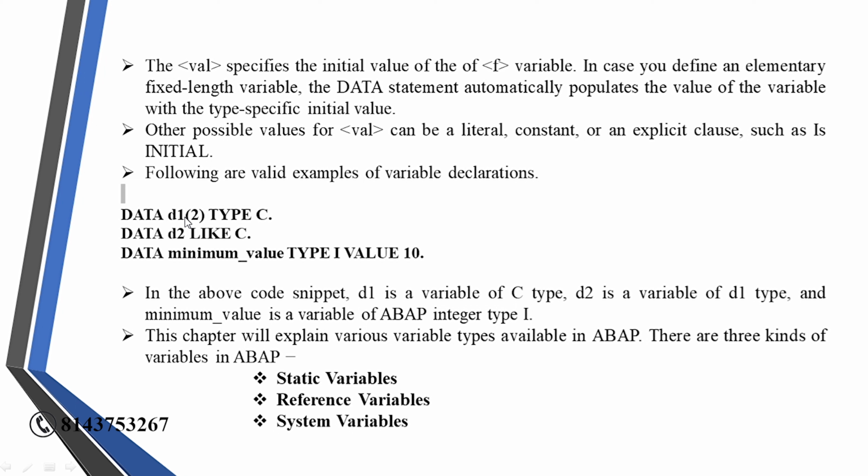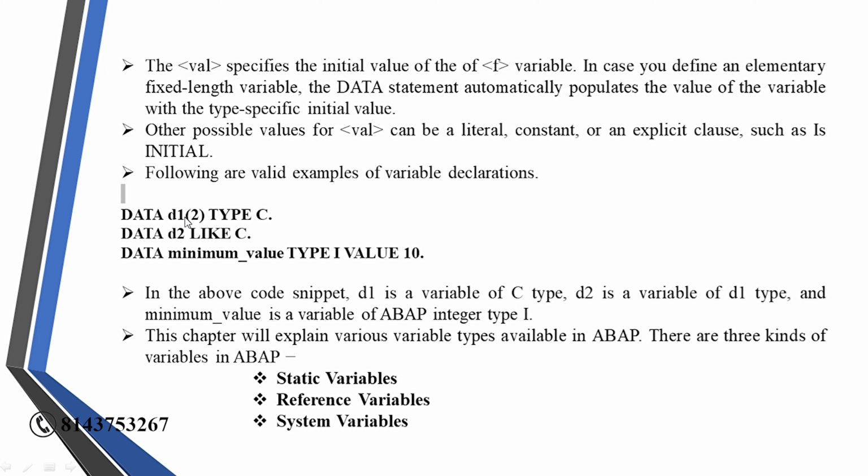TYPE is used to define a variable using an existing data type, but LIKE is used to define a variable using an existing variable.